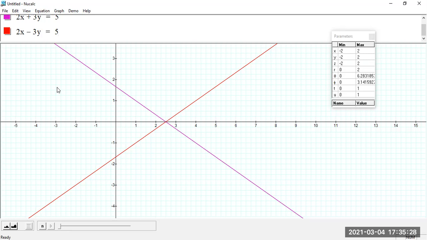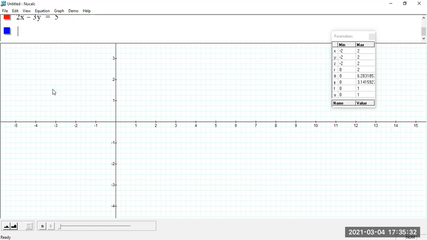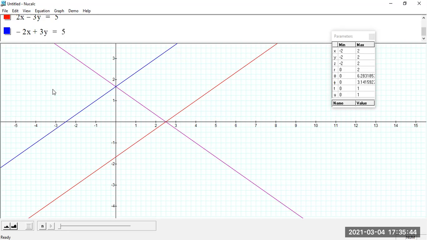If I reflect the original purple line with respect to the y-axis, so I replace x by negative x, I get this.